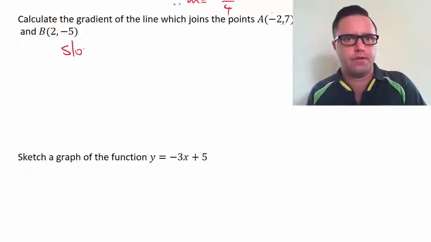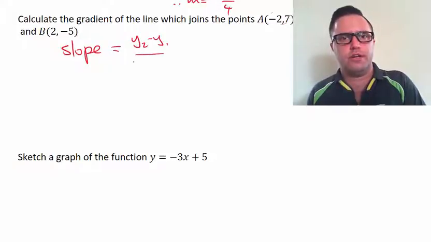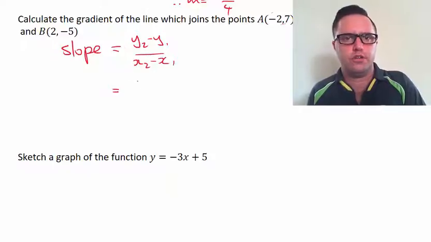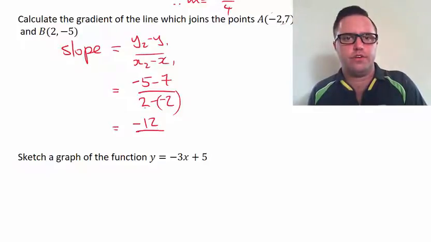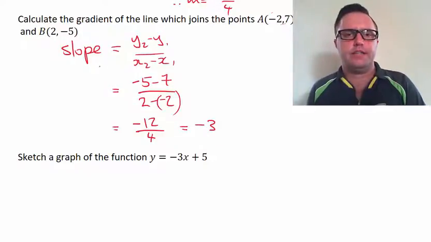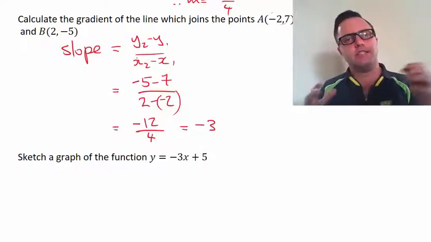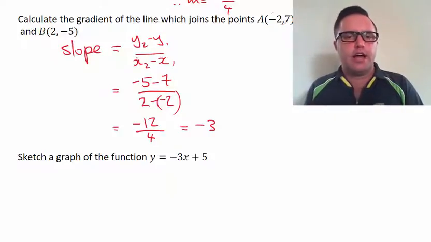So slope is equal to y2 minus y1 over x2 minus x1, which is equal to negative 5 minus 7 over 2 minus negative 2, which is equal to negative 12 over 4, which is equal to negative 3. So that would be the slope for that one. Quite easy, substitute them, work the fraction out.